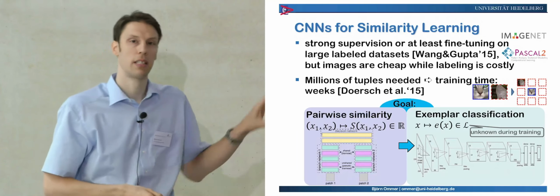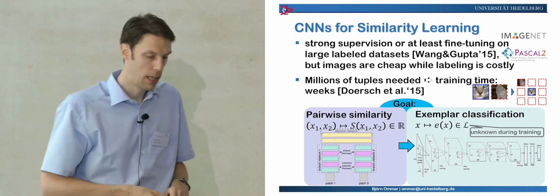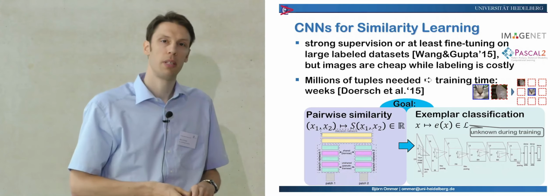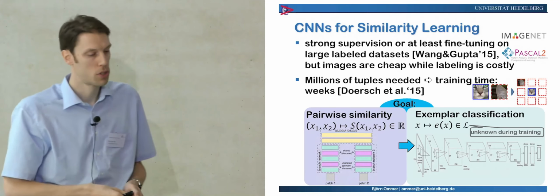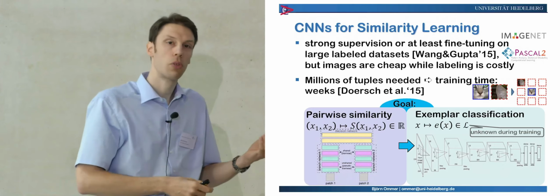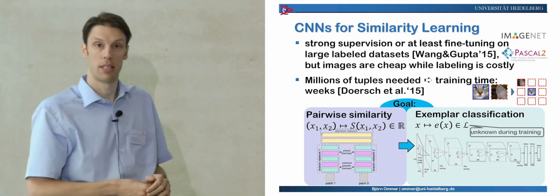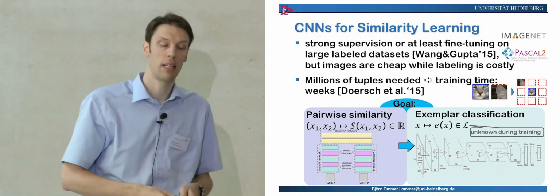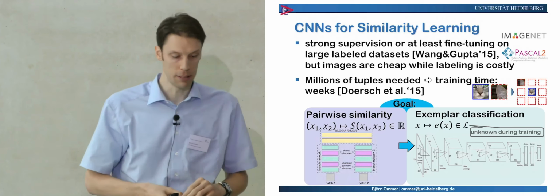But I would argue that a problem with many of these CNN-based approaches to learning similarities has actually been that you really have this end-to-end learning, like Thomas was talking about earlier on, that requires strong supervision, a lot of training labels. And as we've seen, images are cheap, but getting labels for them is quite costly, especially if you need labels for parts or things like that.